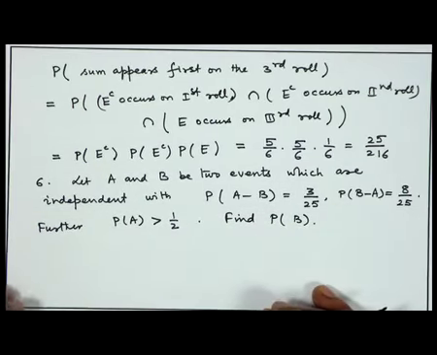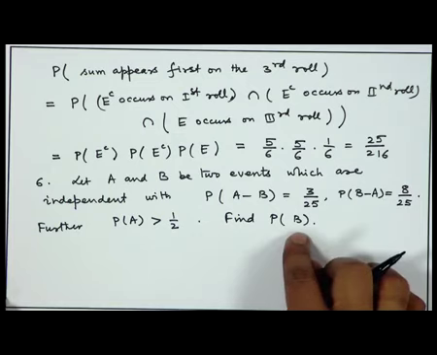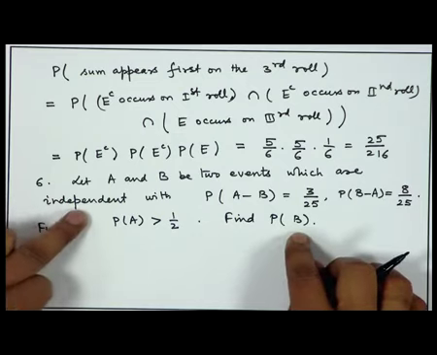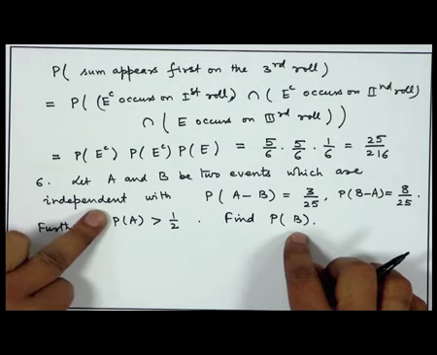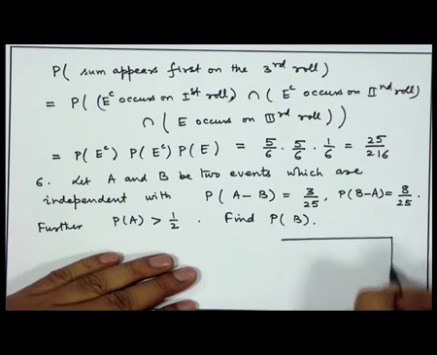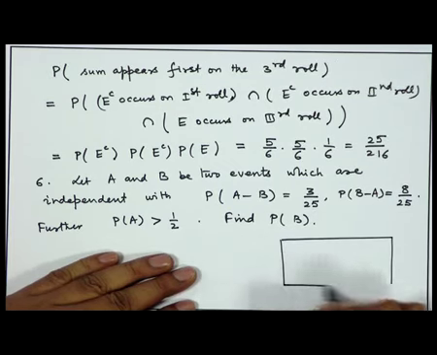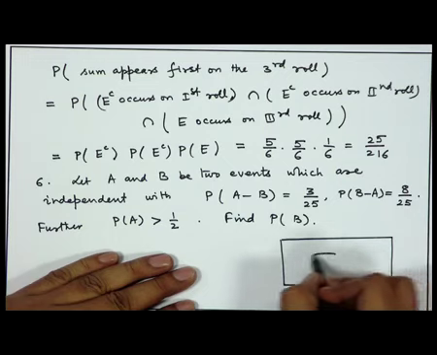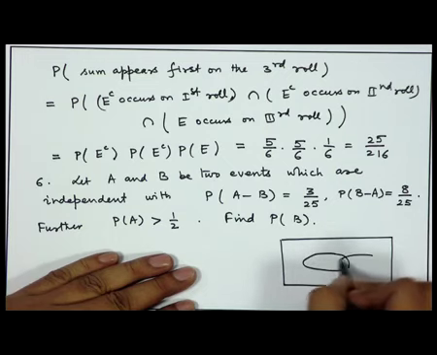From the given information, we have to extract the probabilities of A and B, and ultimately we are asked to find probability of B. Additional information that is given to us is that events A and B are independent. Let us see first of all through a Venn diagram what are the probabilities that are available to us and how we can utilize them.